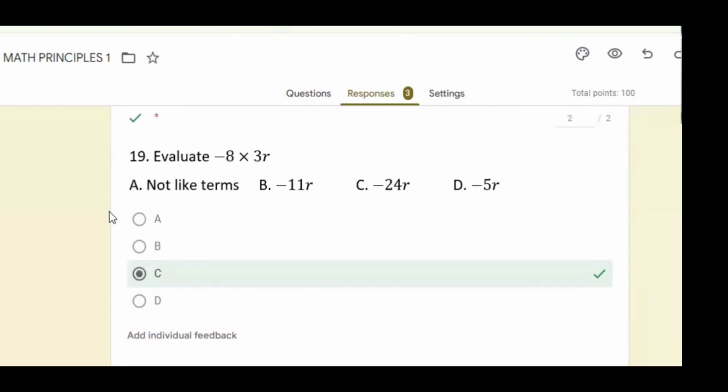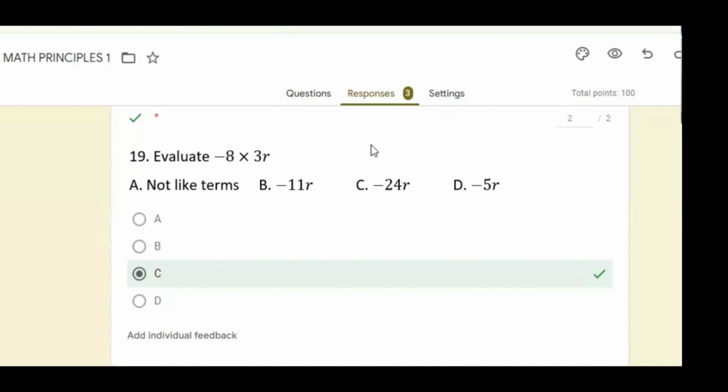Look at this. You got this one too. Okay, so let me explain it. I can see you took your time. In the first part of the test, you were determined not to make many mistakes. This -8 times 3r, how did you do it?